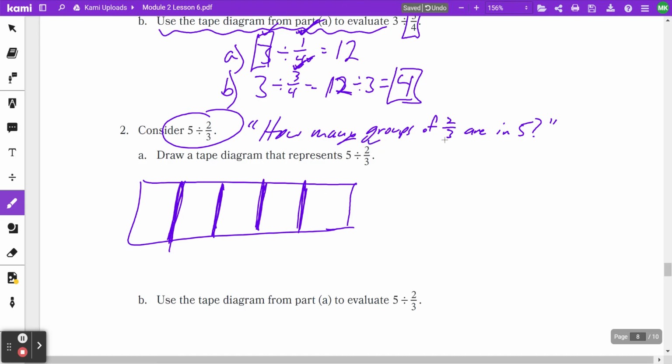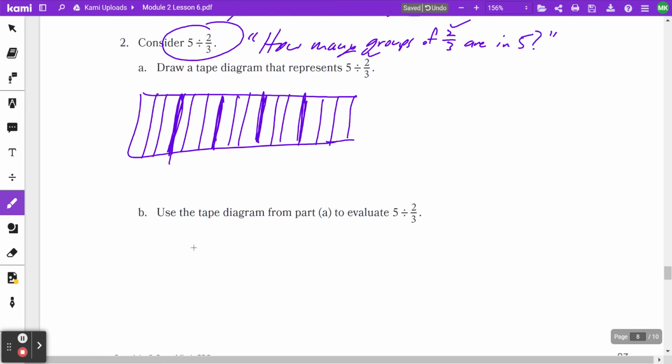Question is, how many groups of 2/3 are actually in 5? So now for part A, when I ask myself how many 1/3 groups there are, what did I just do? How many total groups of 1/3 did I just make? How many 1/3s are in 5? That's the same as saying, what is 5 times 3? So right there is my 15.